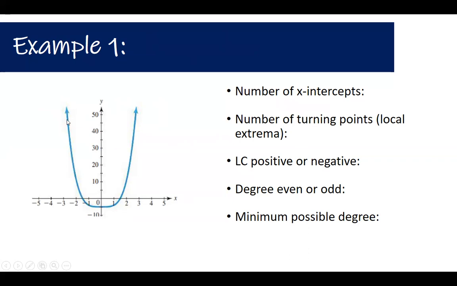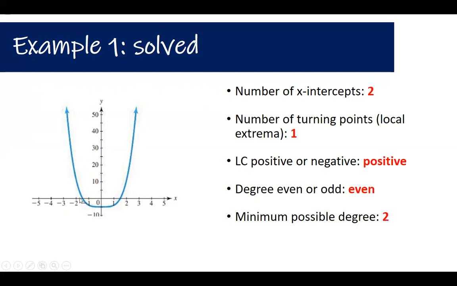Since it's doing the same thing on either side, we know that we have an even degree. And since it's going up on both sides, we know that that is a positive leading coefficient. Putting all of this together, we know that it's an even power, and it crosses 2 times with 1 turning point, so it has to have at least a degree of 2.